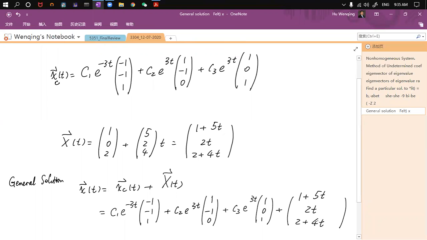That's the solution of this non-homogeneous equation.